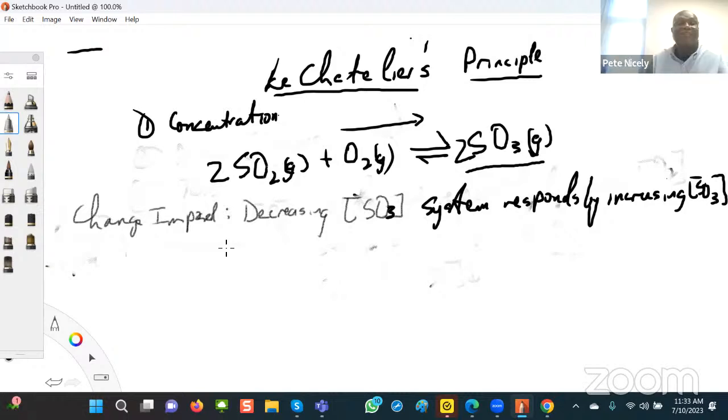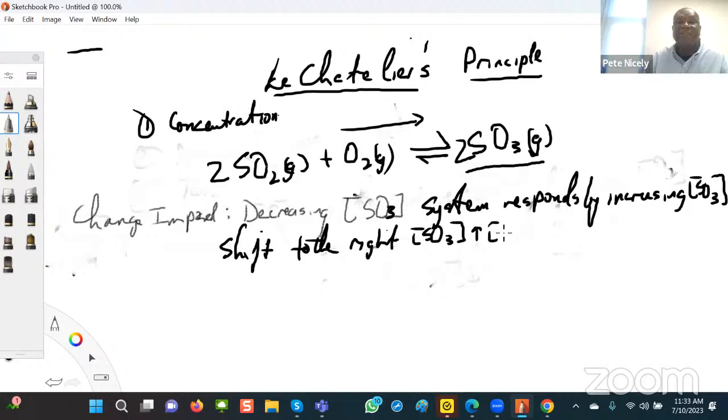Exactly. So the reaction will shift to the right. So what that means is that the concentration of SO3, of course, would increase as a result, and the concentration of SO2 and O2 will decrease.